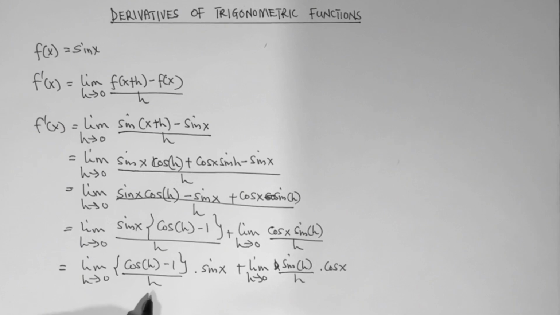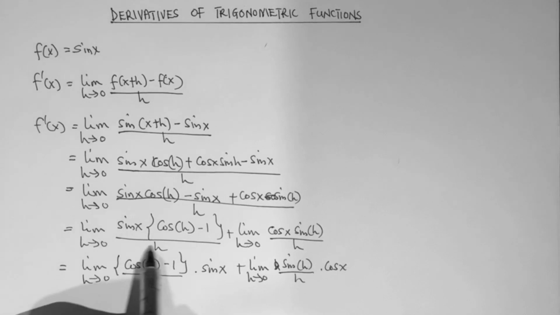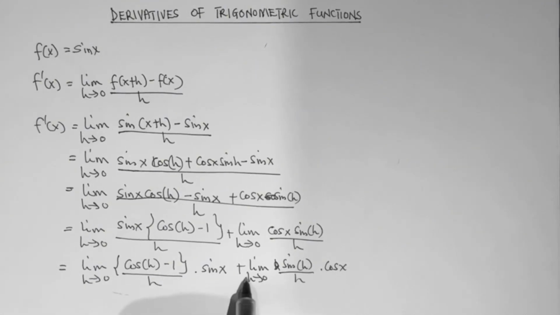Now this limit as h approaches 0 of cos h minus 1 over h is 0. So all of this limit is 0. And then the limit as h approaches 0 of sine h over h is 1.